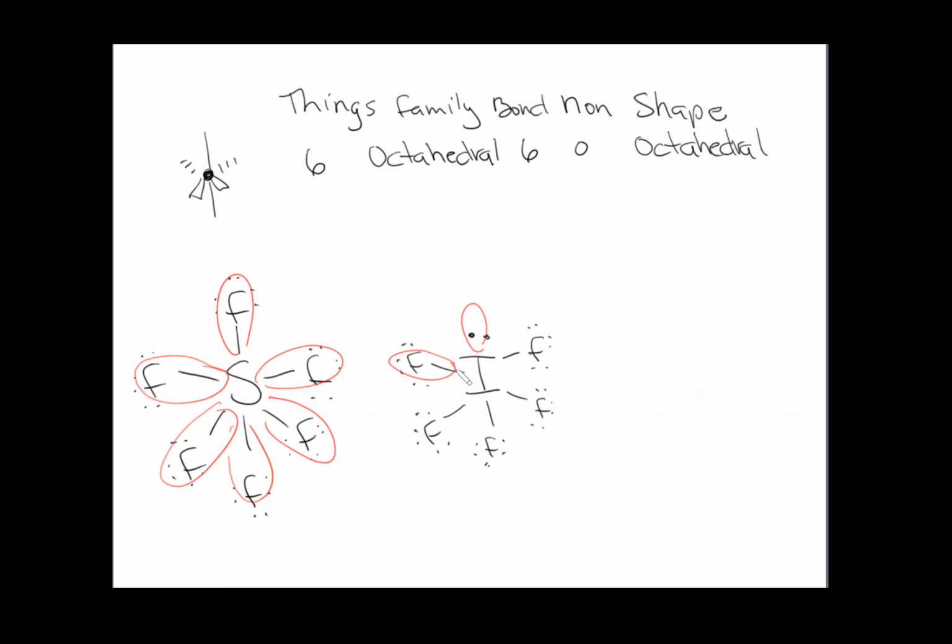We've got 1, 2, 3, 4, 5, and 6. But this time, I only have 5 in the bonding. I have 1 lone pair. And so this is a crazy one called square pyramidal. That's not square pyramidal. Hold on, let me look at that. Oh, yes it is. Square pyramidal. I was saying one thing and visualizing another. What in the world is a square pyramidal?